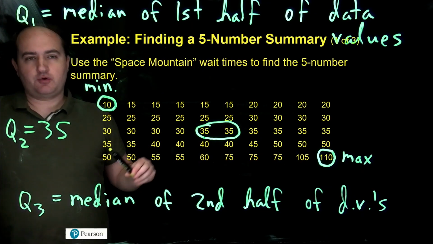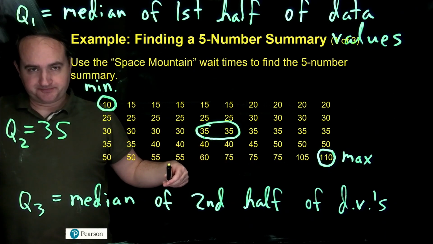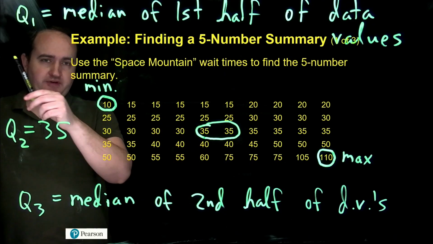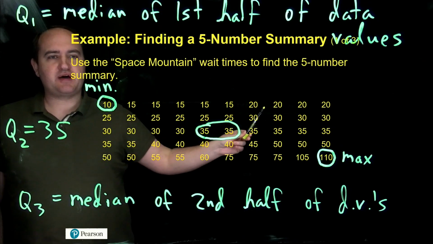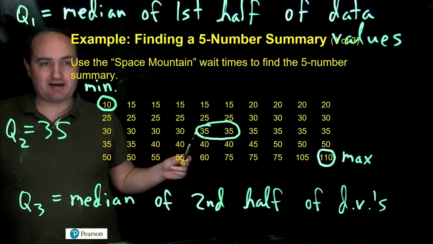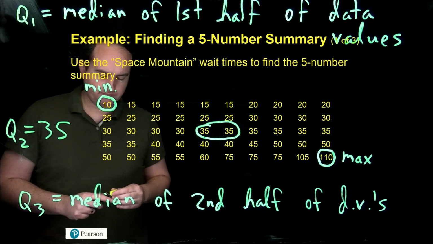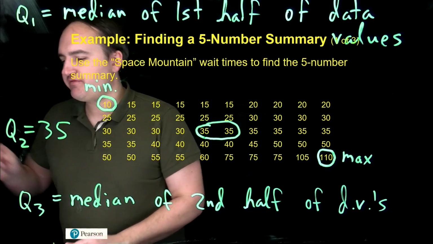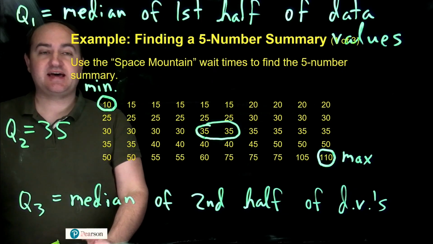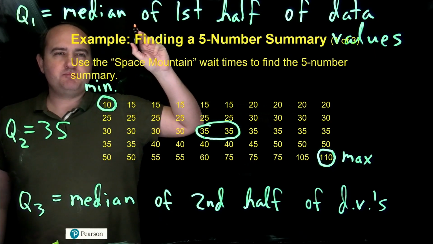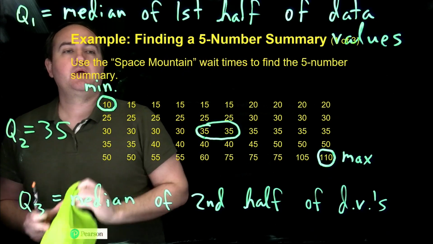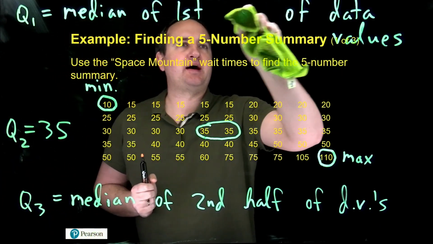So if there are a total of 50 data values, we already said 50 divided by 2 is 25. So that means there are 25 data values in the first half. So if there are 25 data values in the first half, if we want to find Q1, we just find the median of the first 25 data values.